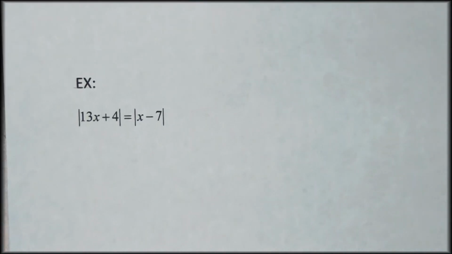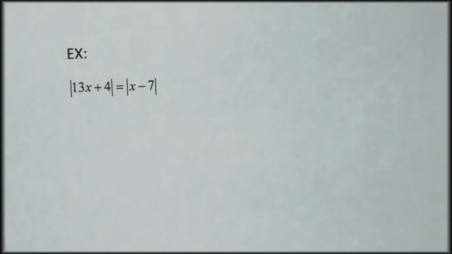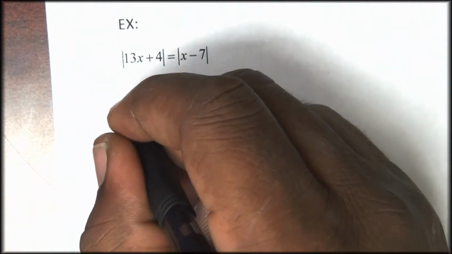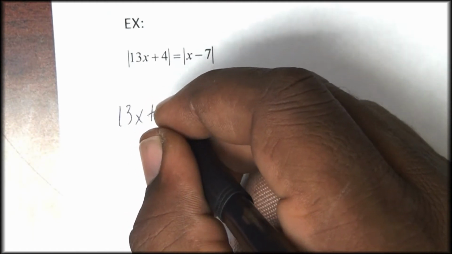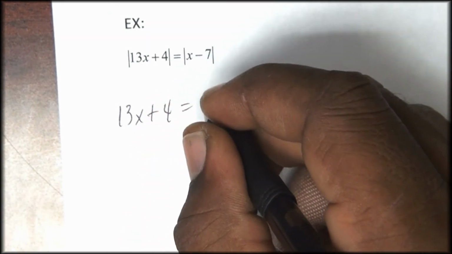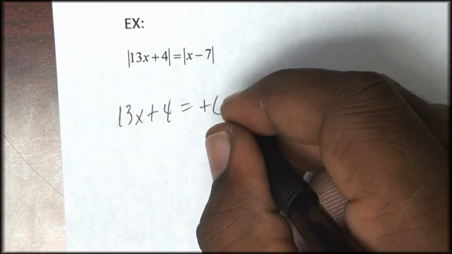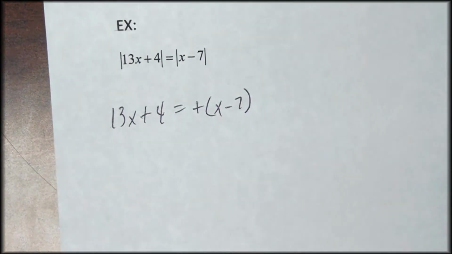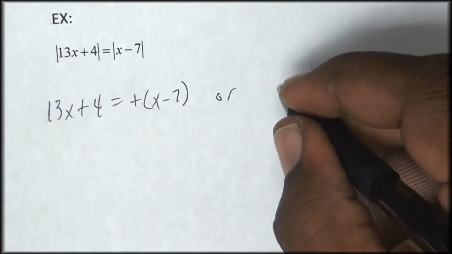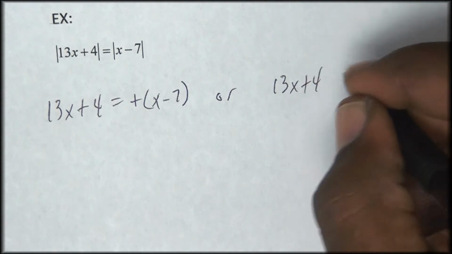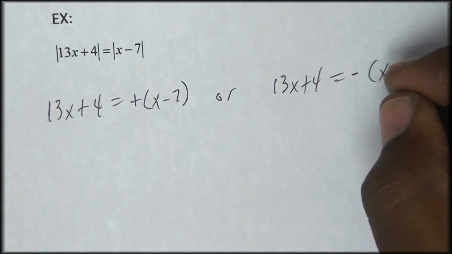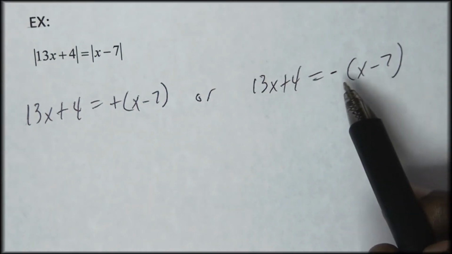Next, we'll solve the equation, the absolute value. So we'll drop our absolute value and we'll set our problem equal to a positive. And then we'll drop our absolute value and set our equation equal to a negative.